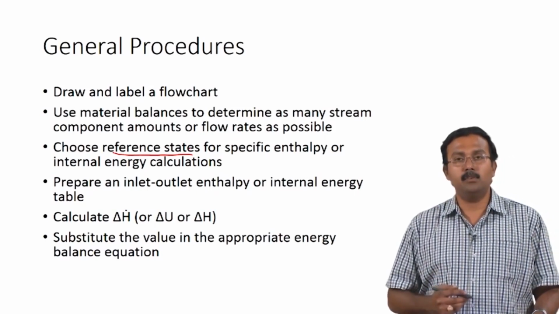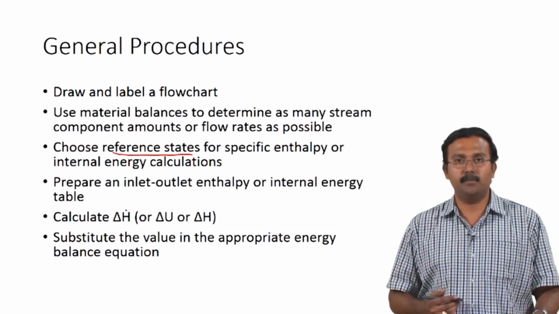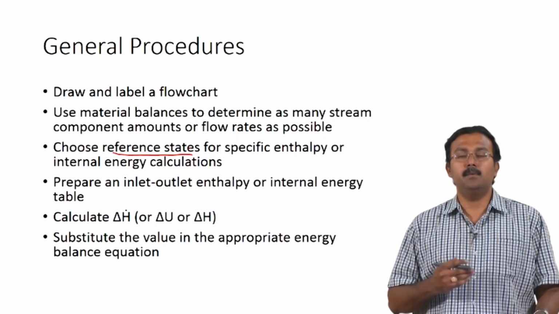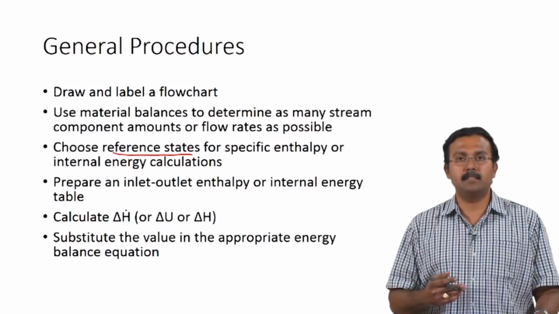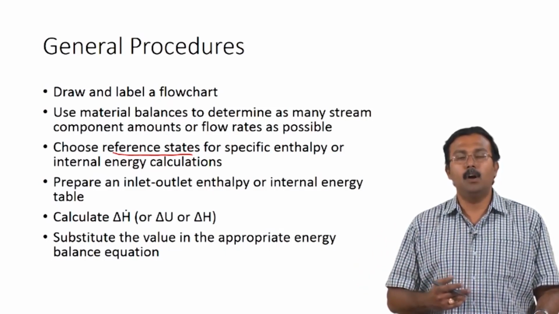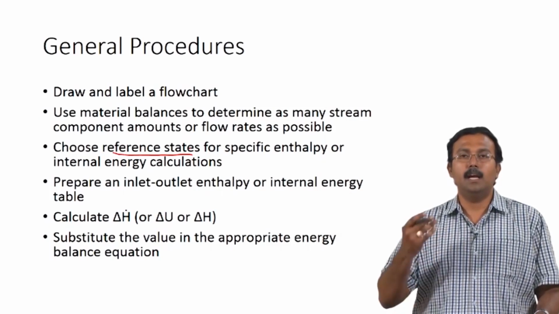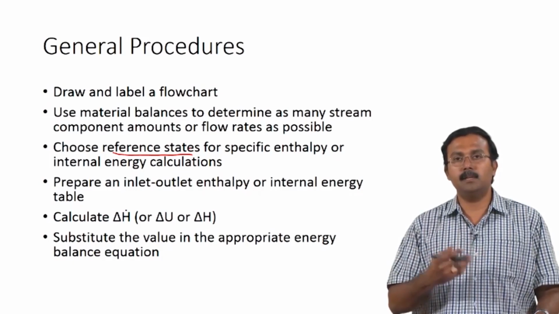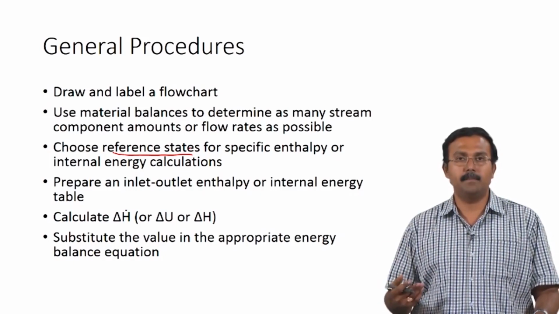So, it all depends on what reference states we are going to identify. If we are going to identify an appropriate reference state, then we would have to use the heat of reaction which we either get from the problem statement or we calculate using Hess's law, and use this heat of reaction in the equation where we calculate the total change in enthalpy.